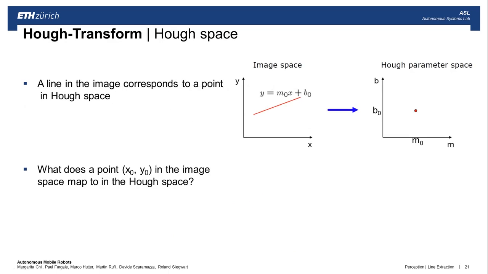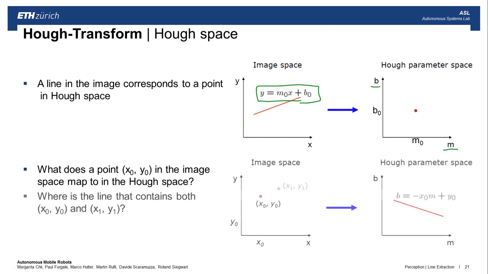A line in the image space corresponds to a point in Hough space. Why is this? Because in this case, we parameterize our Hough space with respect to m and b, where m and b correspond to how we defined the equation of the line in image space. So what does a point in image space correspond to in Hough space?